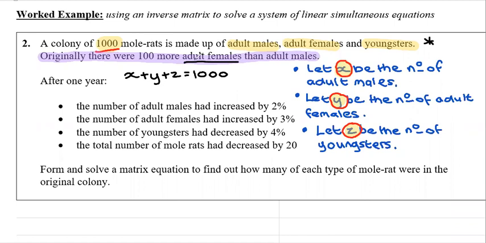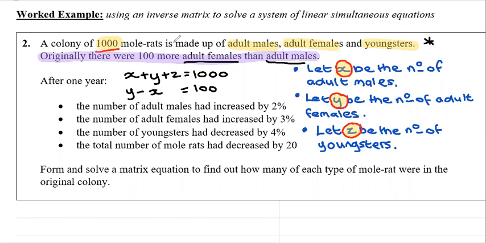Okay, and then if I find the difference between the adult females and the adult males, so in other words, if I do y subtract x, y being the number of adult females, this is going to give me an answer of 100, because there is 100 more y than there are x. So the difference must be 100.